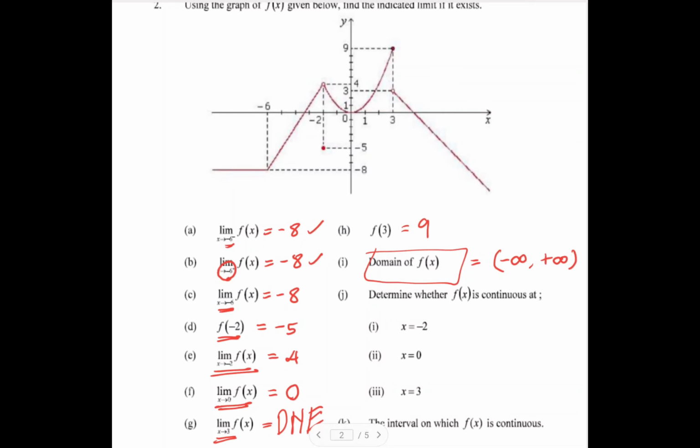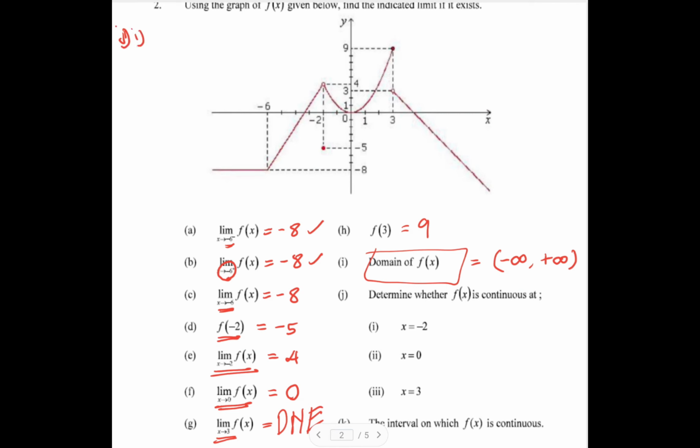When we want to check whether it is continuous or not, we must refer to three things. The first one is whether the limit exists or not at that point. The second is whether the function exists or not at the point. And then the function value and the limit must be equal. Okay, for example, look at question J1.